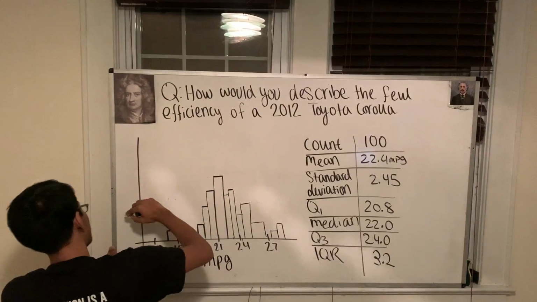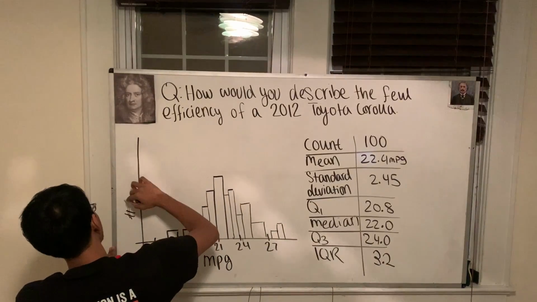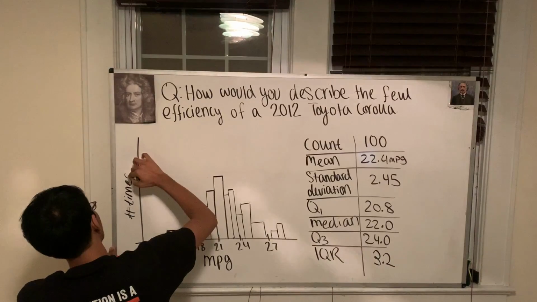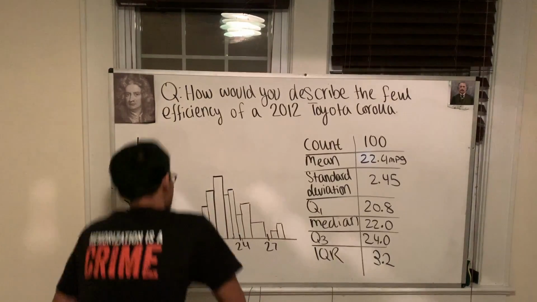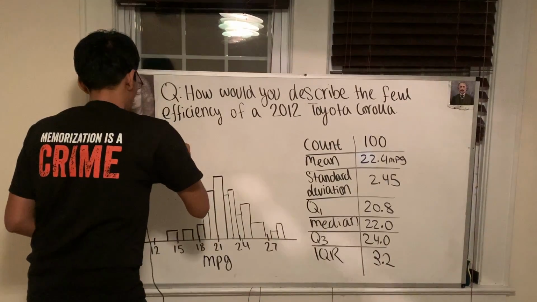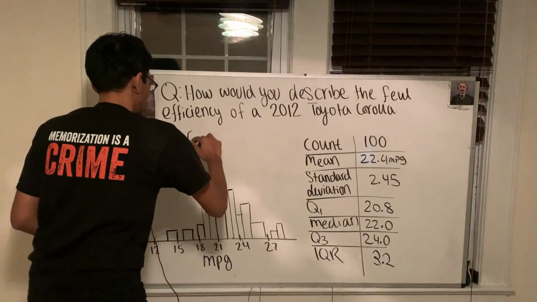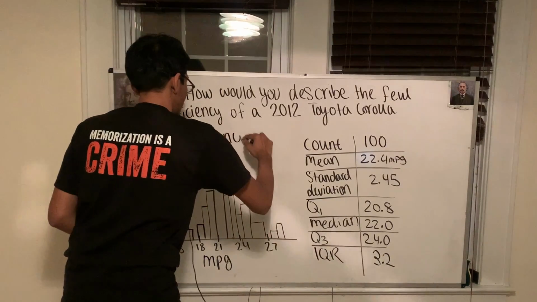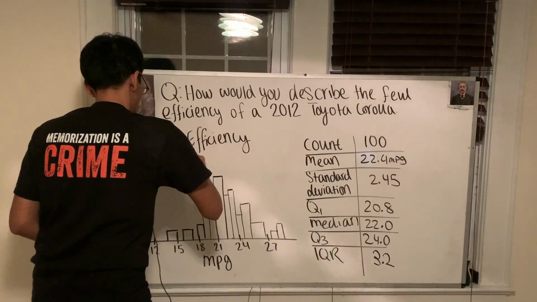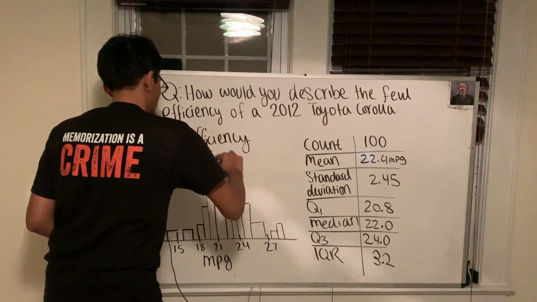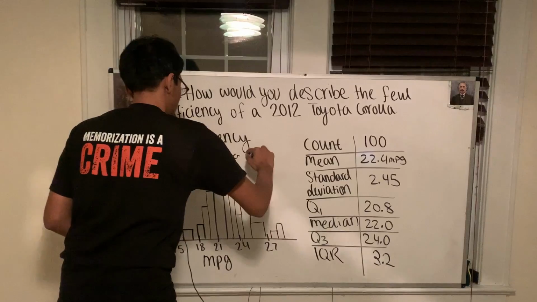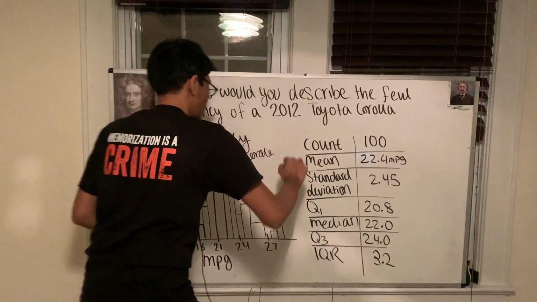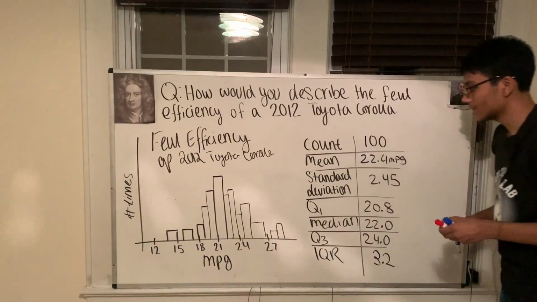And this is, for example, the number of times that I refueled my car, or who knows. So the title for the graph is going to be the fuel efficiency of a 2012 Toyota Corolla.